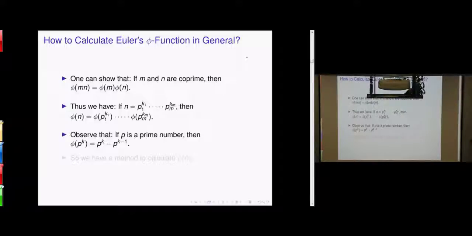Now, therefore, you can calculate phi of n by following these steps, because this item will tell you how to calculate each component on the right-hand side. After you calculate each component, you multiply them together, so you get phi of n. So there's a method to calculate phi of n in general: you factorize n, apply phi to each prime power factor, and then multiply them together. So that's the way.